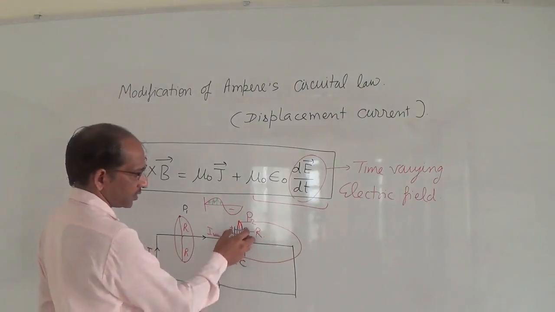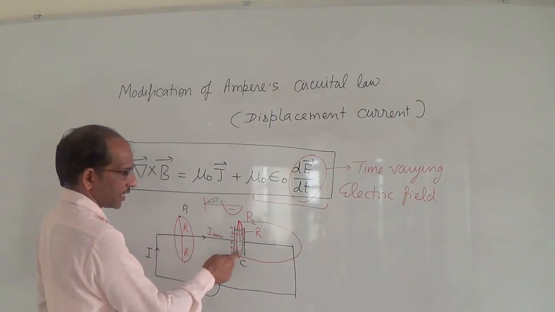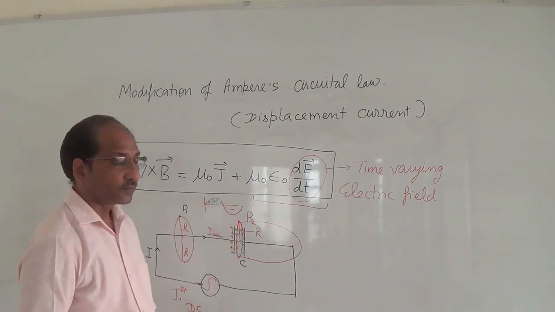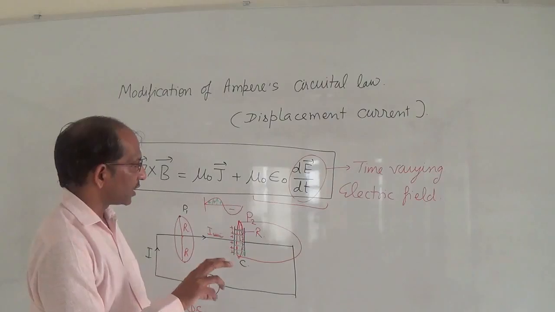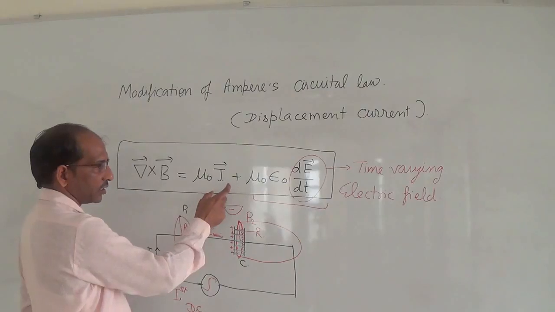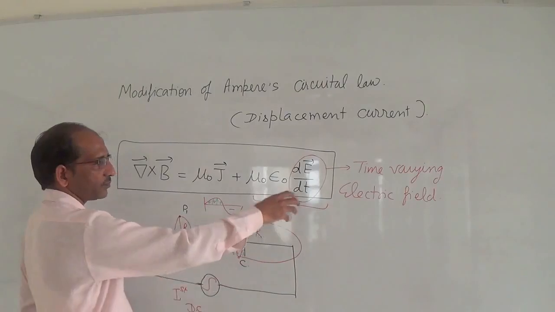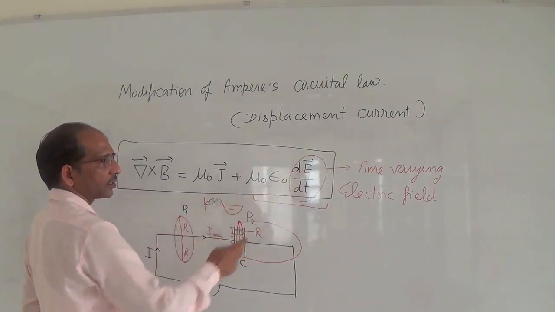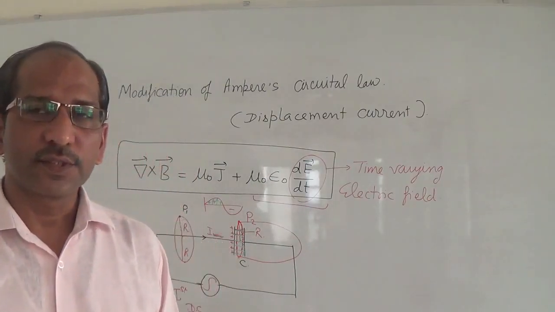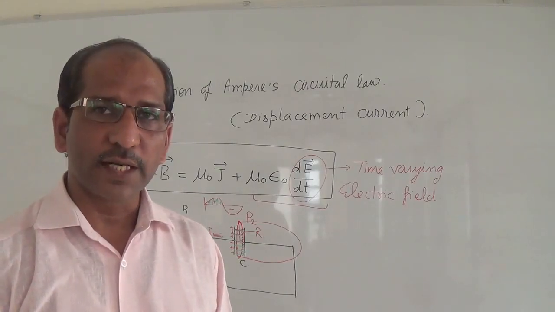So here in between these two plates of the capacitor, the electric field varies, and as a result a magnetic field will be produced. That magnetic field one can calculate by using Ampere's law. In this particular case this term basically plays the role. Here we observe a time varying electric field. So in the displacement current, the time varying electric field produces the magnetic field.